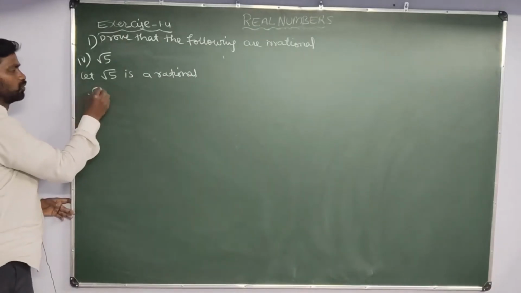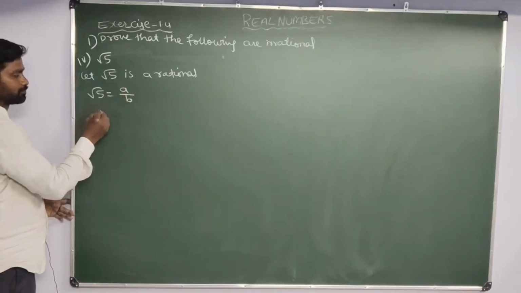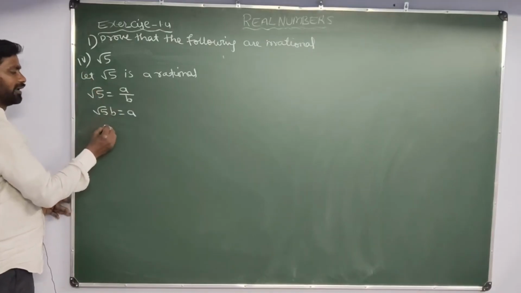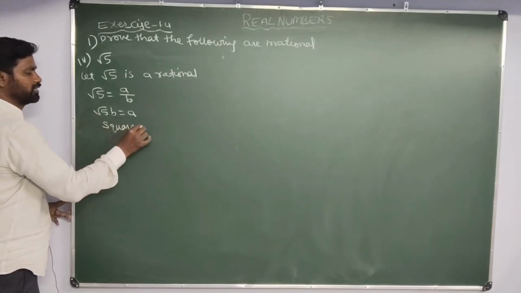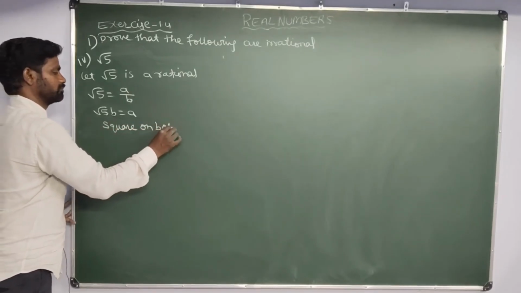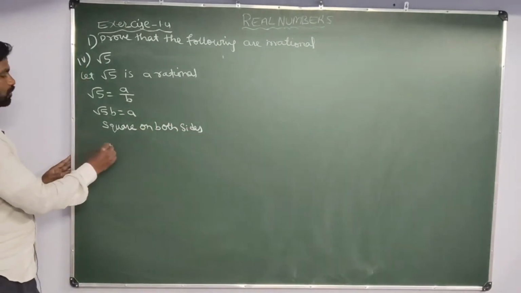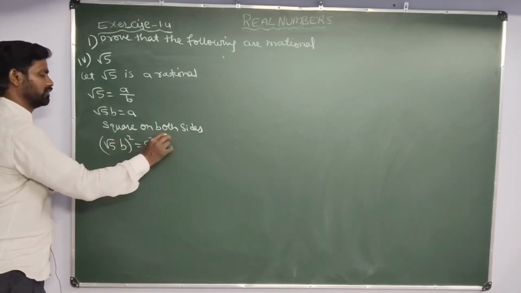So root 5 is equal to a by b. Then root 5 b is equal to a. Next, let us square on both sides. So root 5 b whole square is equal to a square.